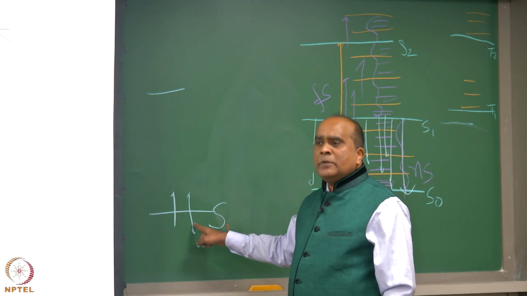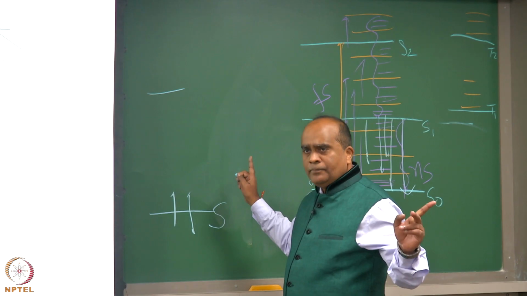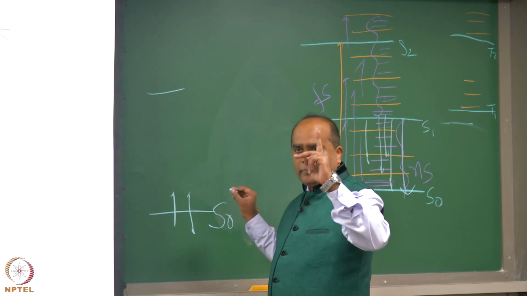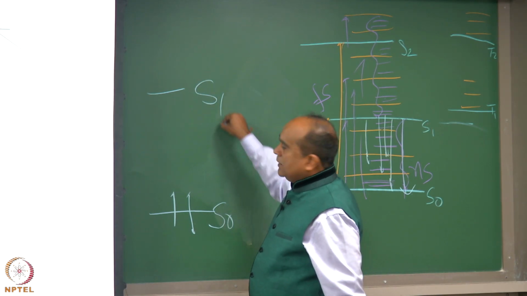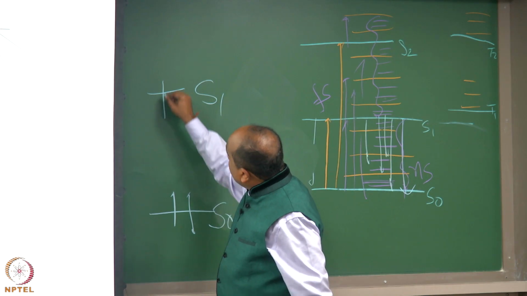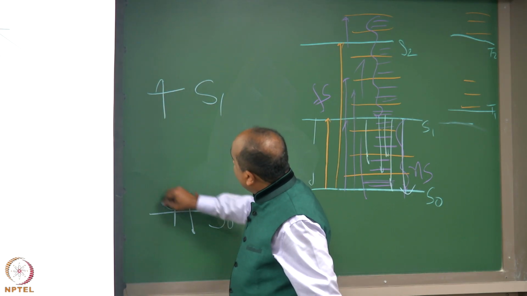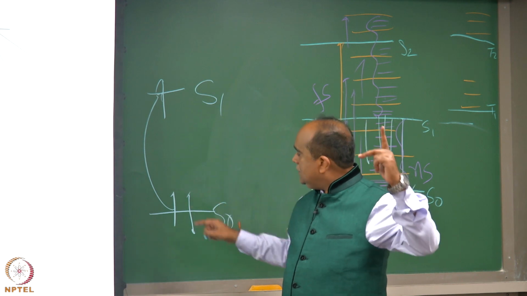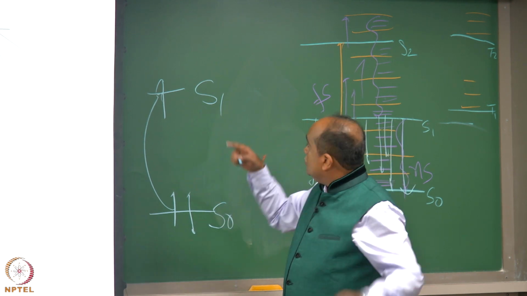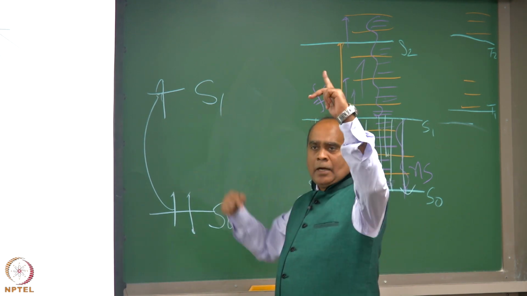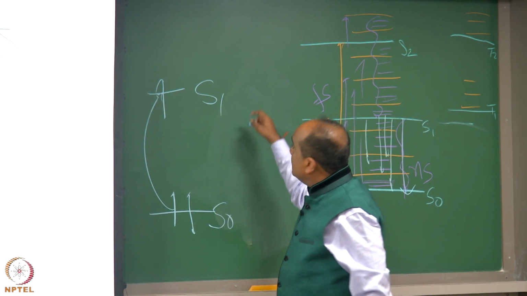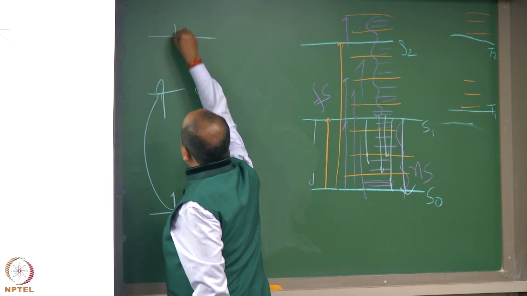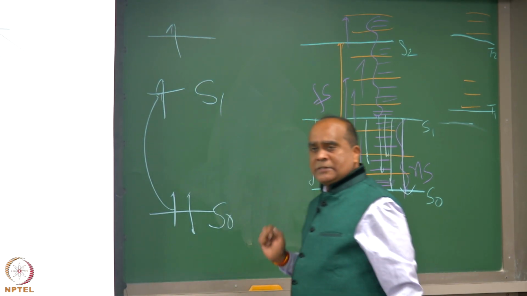What is this? S is 0, so 2S plus 1 is 1, a singlet. This is S1. If this electron moves here, it is still up and the remaining one is down. So, this is again two electrons, one up and one down, and it is called a singlet state. If it goes here, same as this, it is still a singlet state.